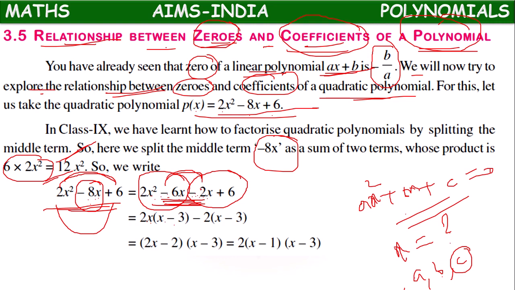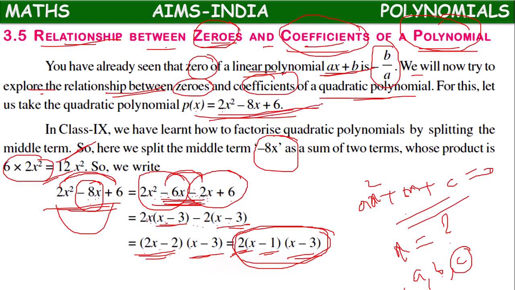In the second group, take minus 2 common, leaving x minus 3, because of the minus the sign changes. Now x minus 3 is common to both, leaving 2x minus 2, and from this we take 2 common. So we get 2 into x minus 1 into x minus 3. These are the factors of the given quadratic polynomial.